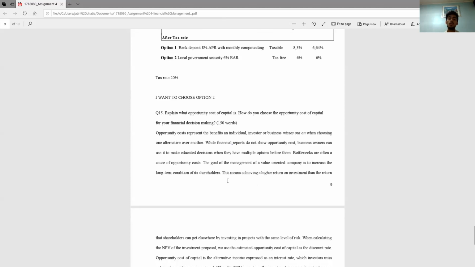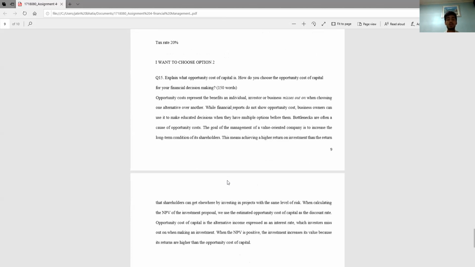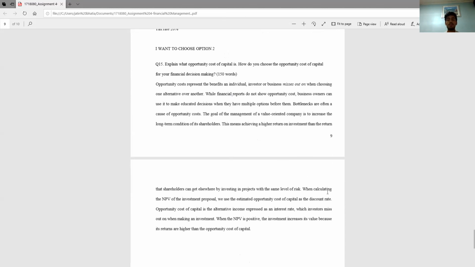The goal of management in a value-oriented company is to increase the long-term condition of its shareholders. It's a long-term relation between a shareholder and the company. This means achieving a higher return on investment than the return that shareholders get elsewhere by investing in projects at the same level of risk.